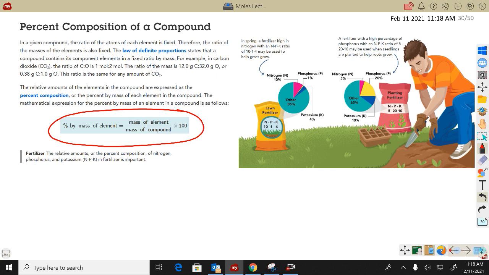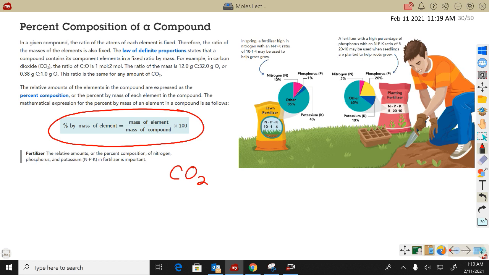There's a law of definite proportions that says if I have a particular compound, maybe in this case carbon dioxide, well, any sample of carbon dioxide has to have a definite proportion of elements. It means like a constant proportion.